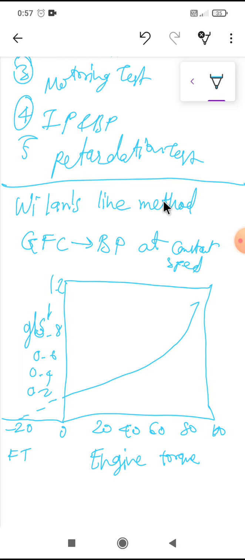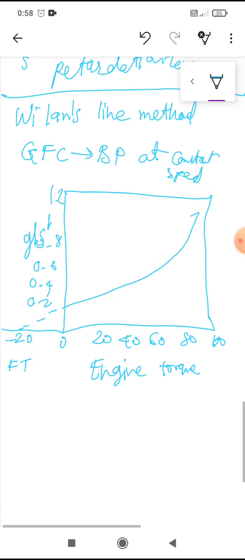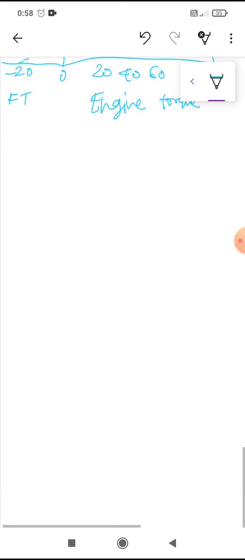Therefore it is essential that great care be taken at light loads to establish the true nature of the curve in the Williams line method. This method for a swirl chamber CI engine is straighter than for a direct injection type engine. The accuracy obtained in this method compares favorably with other methods if extrapolation is carefully done. So these were the advantages and disadvantages of the Williams line method.